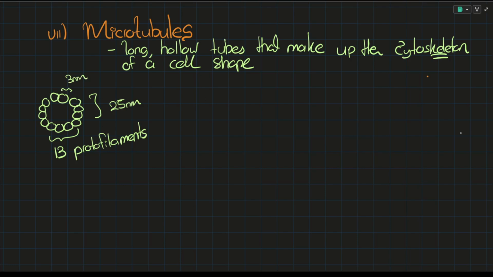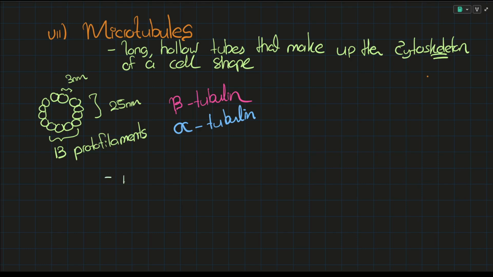And these things are mainly formed from two proteins known as beta tubulin and, you might have guessed it, alpha tubulin. I should probably have mentioned the alpha first and then the beta, but never mind. Beta tubulin and alpha tubulin proteins make up the microtubules.